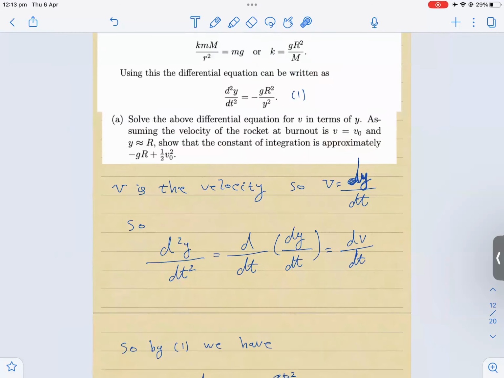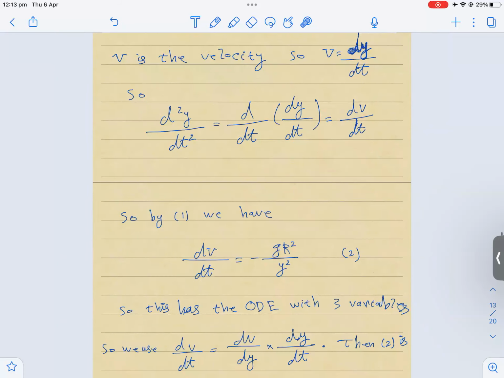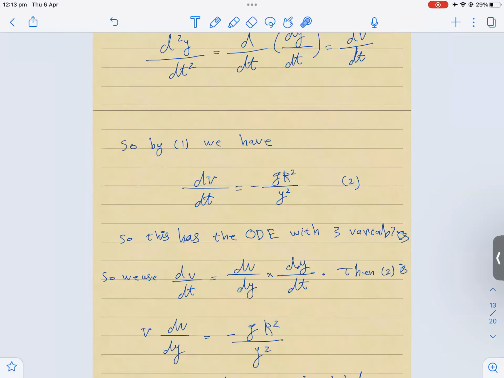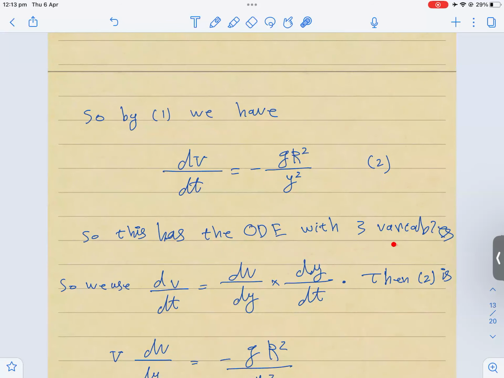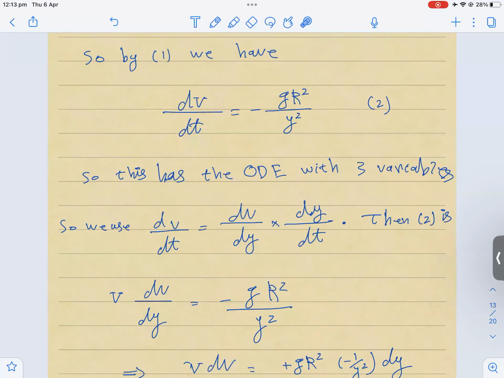All right, so the left-hand side will be substituted by this dv over dt, which is equal to minus g r squared divided by y squared. Now, this ODE has got 3 variables. As in yesterday's question in the mid-test session, we need to reduce it to 2 variables.